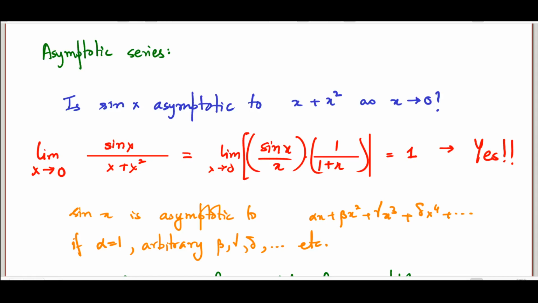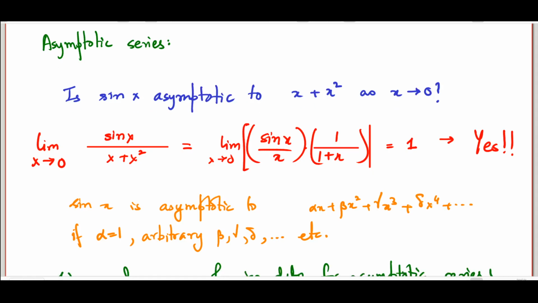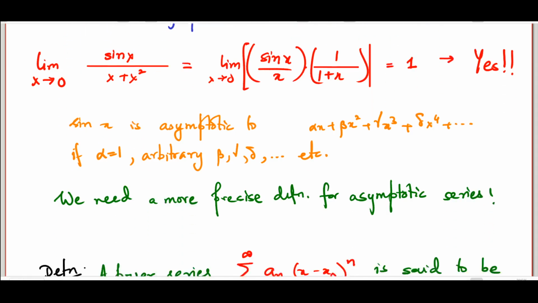Now that is not what we mean by an asymptotic series. A series which is asymptotic to the function as x goes to x0 is not what we are looking for, because there are infinitely many such series that we can write down. What we are really looking for here is a much more precise notion. And now let me define what that is.